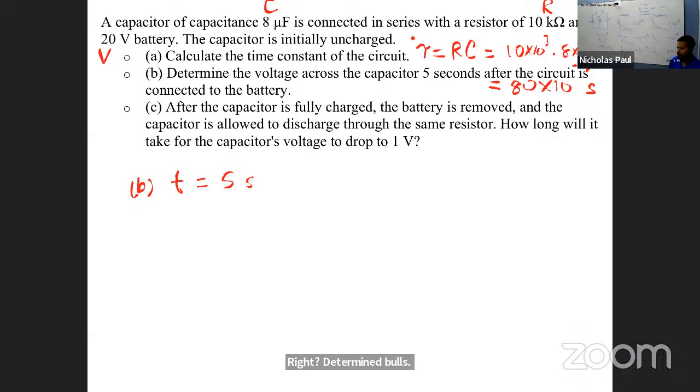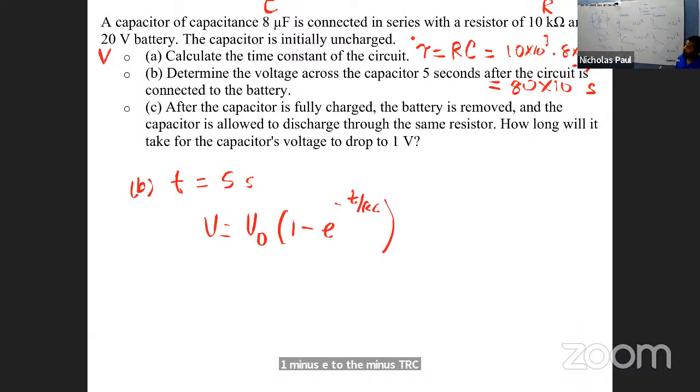So are we using charging or discharging formulas here? It's now connected, right? And that's charging. So we're using the formula right here: V is equal to V naught by 1 minus e to the minus t over RC.